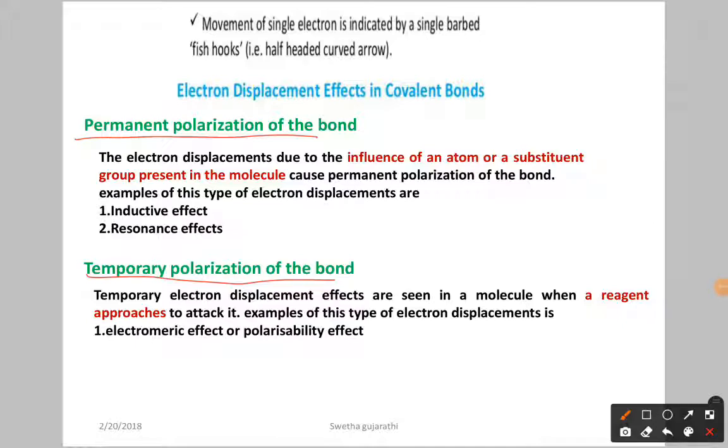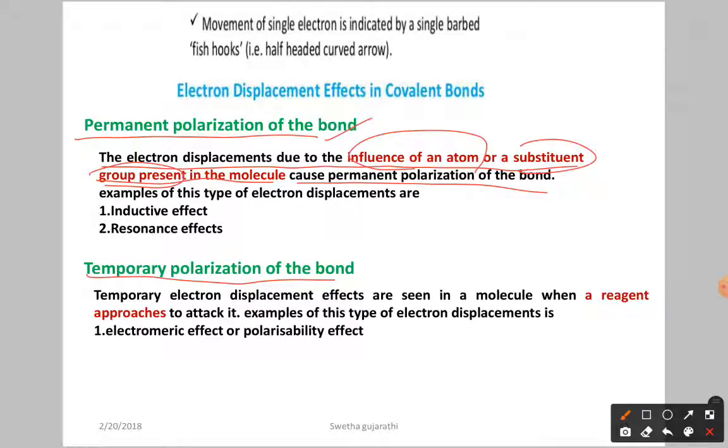Permanent polarization of bond means the electron displacement due to the influence of an atom or substituent group present in the molecule causes permanent polarization of the bond. So there is a development of permanent polarity in the molecule, because of the influence of some atom, substituent, or group of atoms.